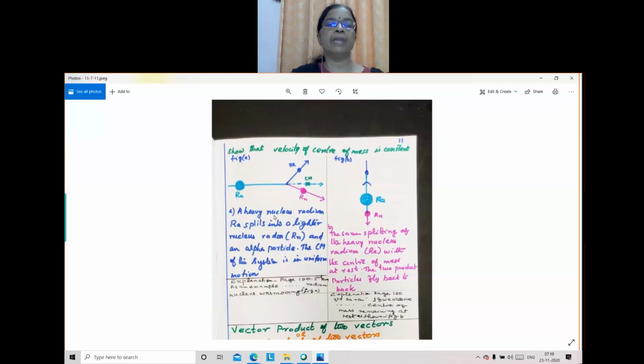nucleus, a heavy nucleus. Ra means radium, and it is a radioactive element. Radioactive means that it will decay. That element will decay, emitting some radiations, and change into another element. Radioactive means spontaneous emission of radiations from a material without any external factors.